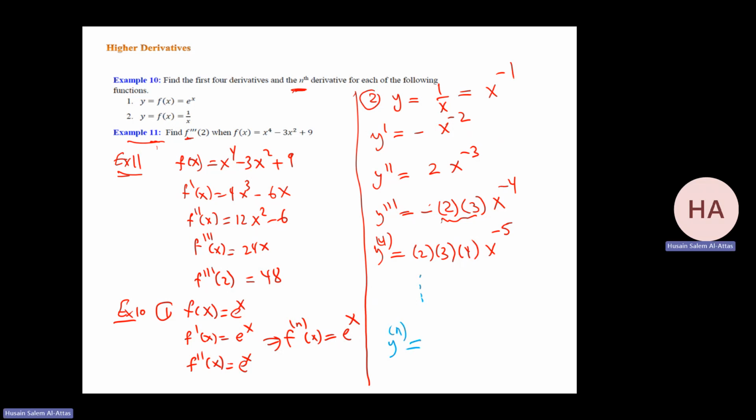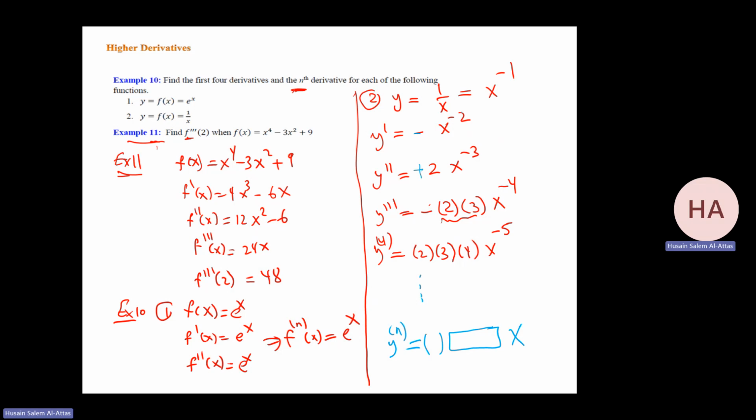If I notice, I have a number here. I have a sign here because it's minus, then plus, then minus, then plus. So there is a sign here somewhere, and I have x to the power something. This will be the general format of the nth derivative for this function, which is x to the power minus 1.